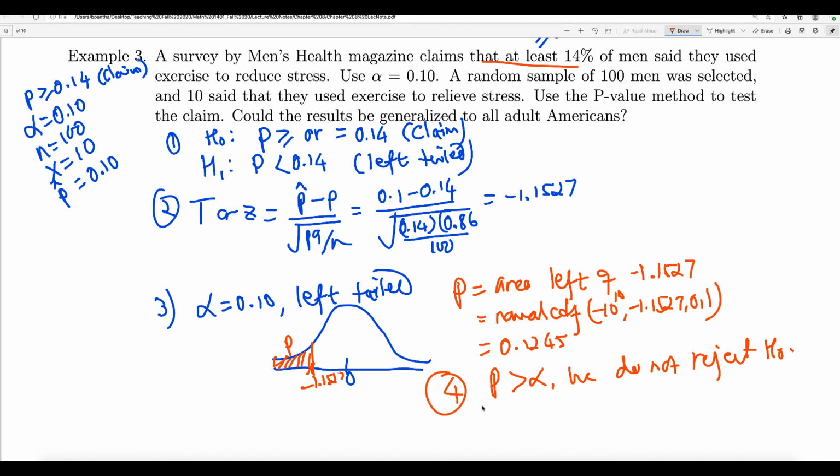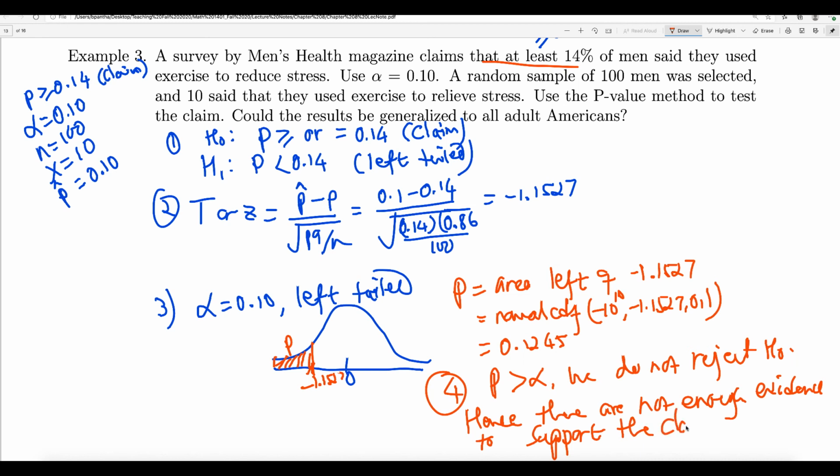So hence there is not enough evidence to reject the claim.